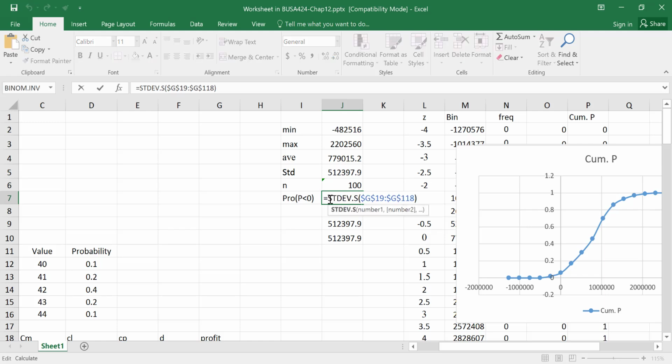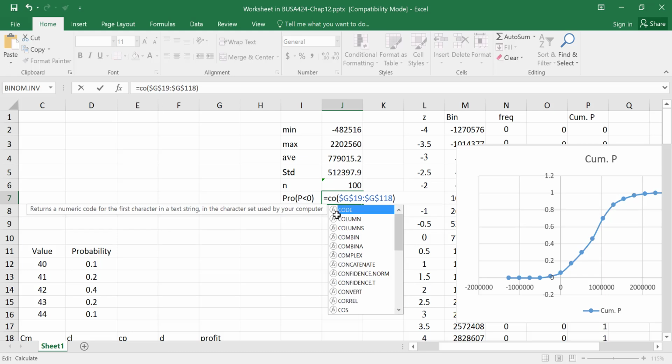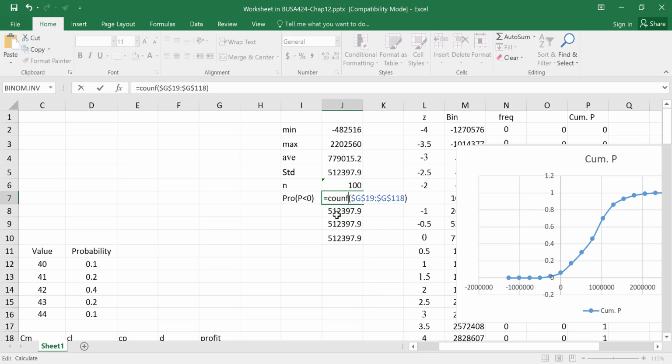So here we can use a function called COUNTIF. COUNTIF is the function that counts the numbers, and the criteria that we can use is less than 0. You can choose any values, less than 100, 200, and so on.